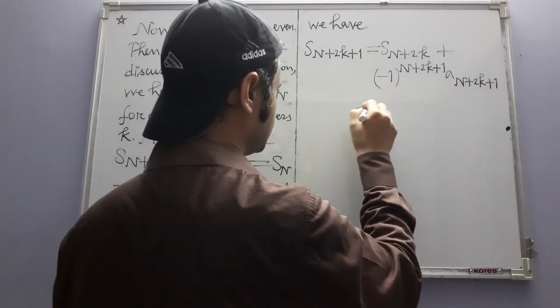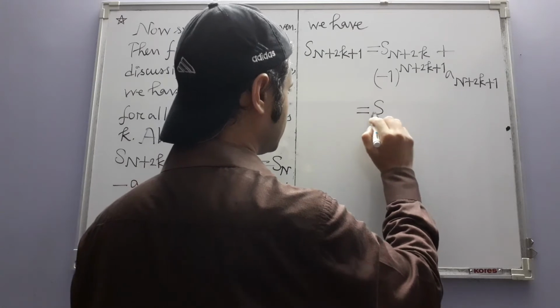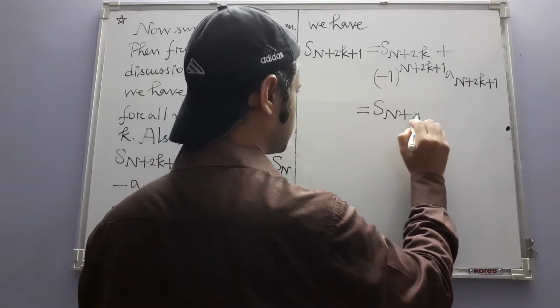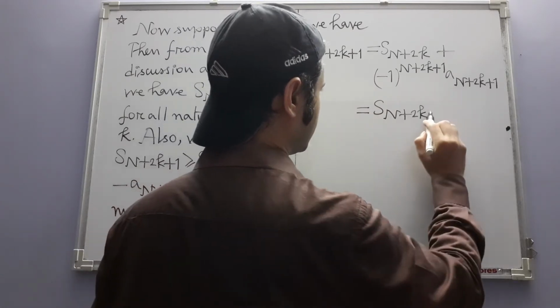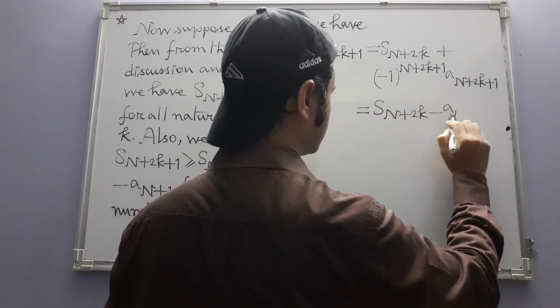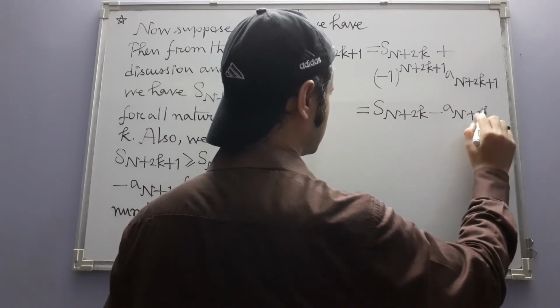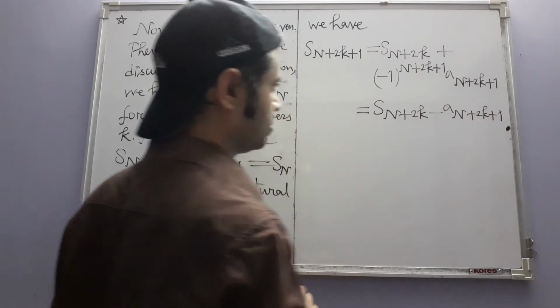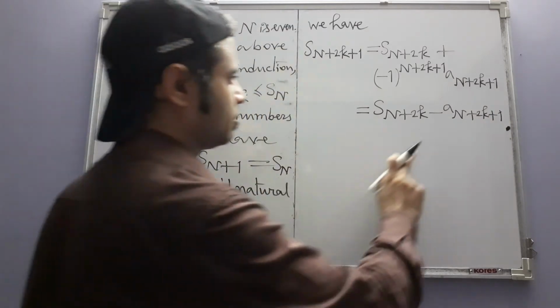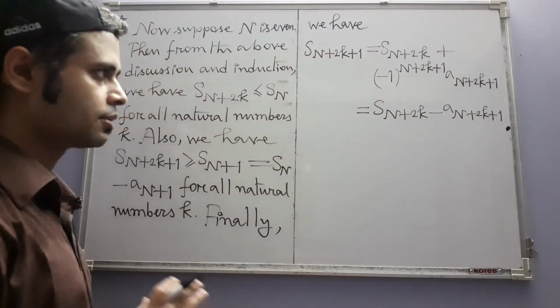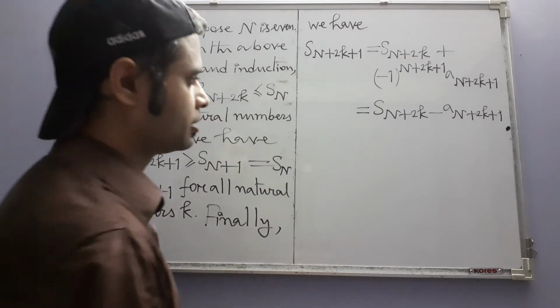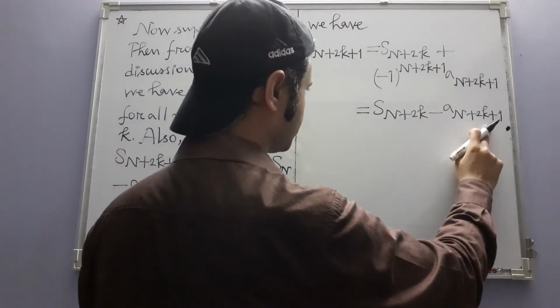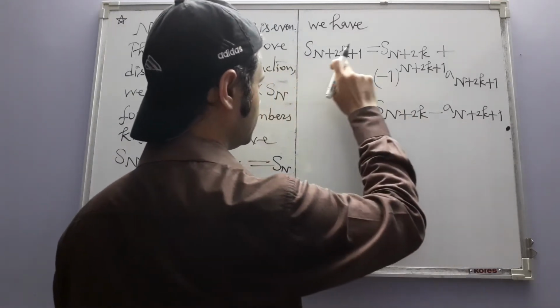So that is why this is equal to S_{n+2k} minus a_{n+2k+1}. Now, because all the terms in our original sequence are non-negative real numbers, we are subtracting a non-negative real number from this to get this.